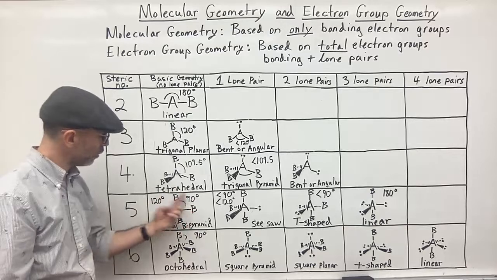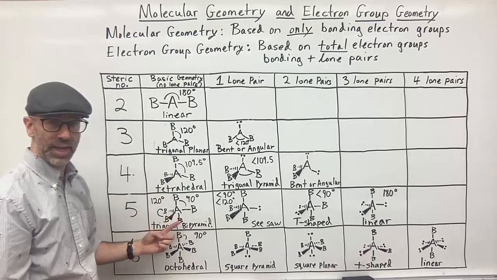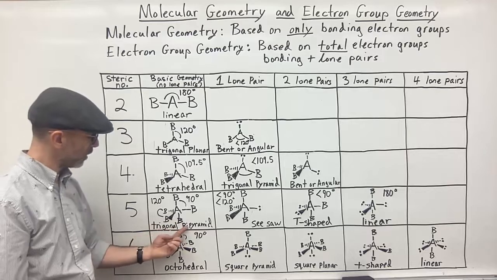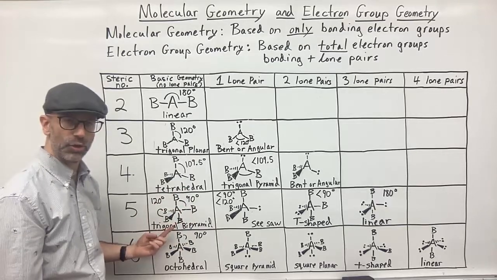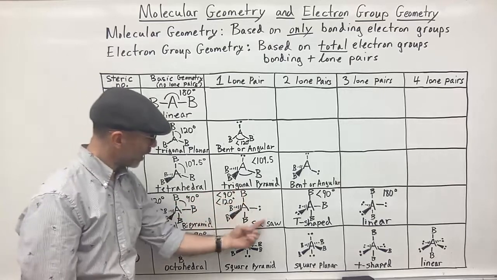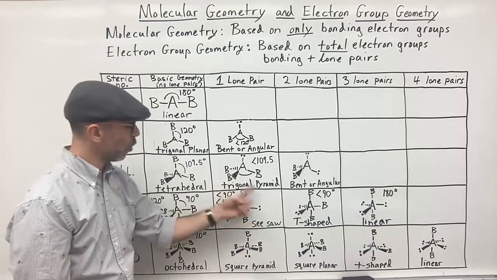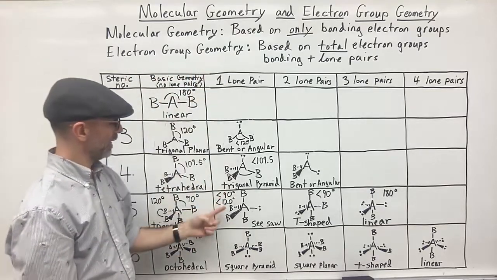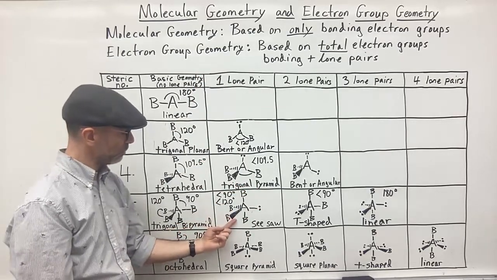So for this one, there are 0 lone pairs. So the electron group geometry is going to be the same as the molecular geometry, which is going to be trigonal bipyramidal. So trigonal bipyramid is the electron geometry of this molecule because you have 5 bonding groups, no lone pairs. Here you have 5 electron groups, but one of them is now a lone pair. But because we're looking at the total of the electron groups, for the electron group geometry, it is still trigonal bipyramid.